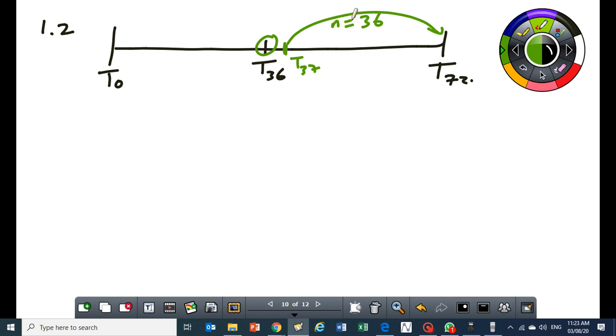Also, because generally you make a payment at T1, from there up to there, our N is also equal to 36. So this question is very straightforward. Either way, our N is 36.